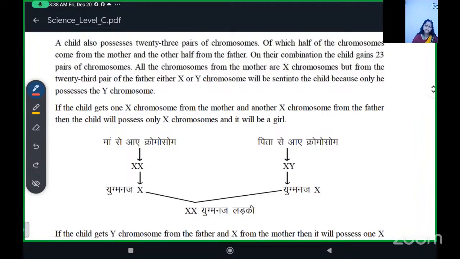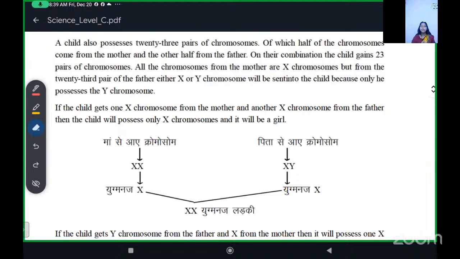All the chromosomes from the mother are X, but from the 23rd pair of the father, either an X or a Y chromosome will be sent to the child, because only he possesses the Y chromosome. If it's a boy, then from the father he will get that one XY pair.